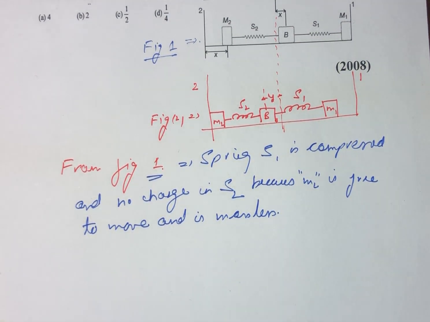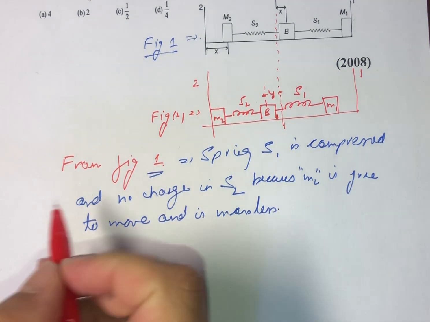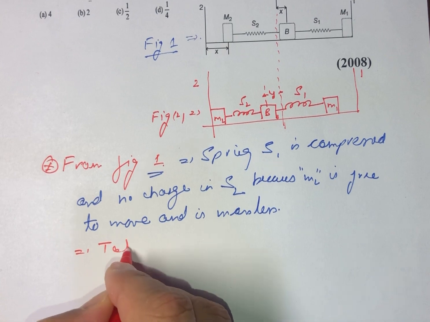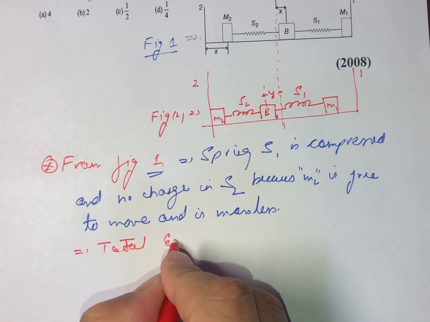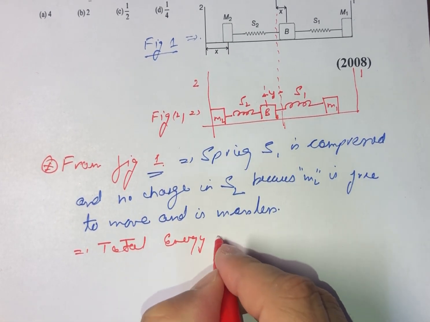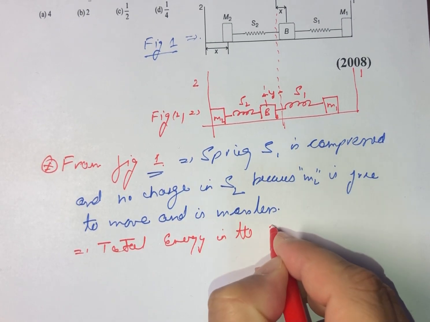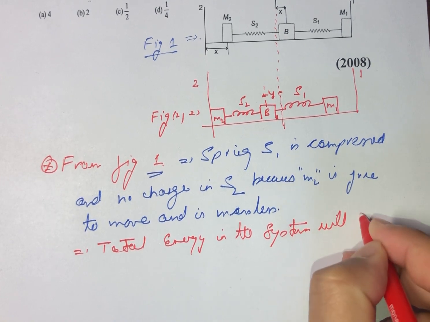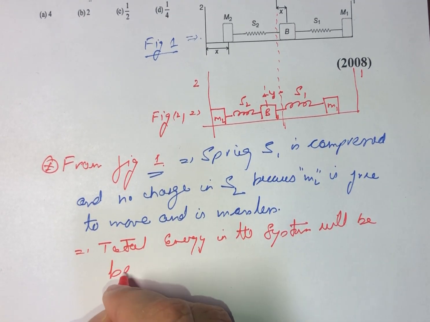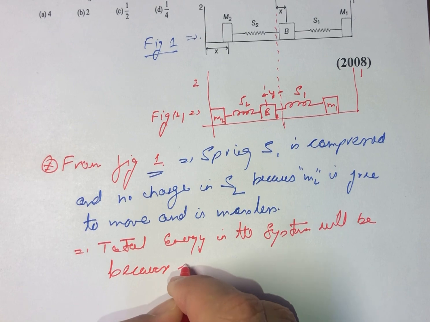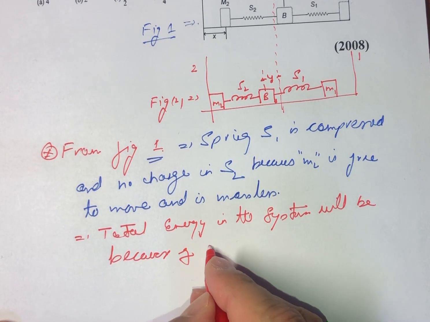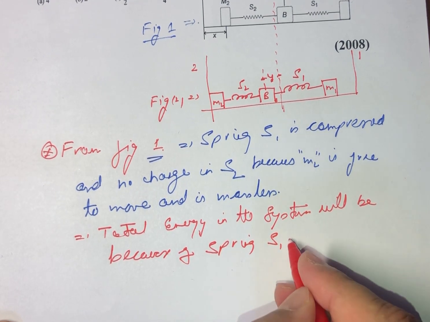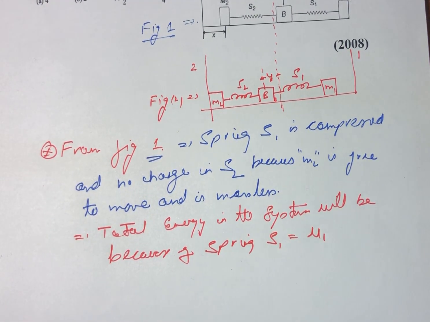Therefore the total energy in the system will be because of spring S1, and let us call that U1.